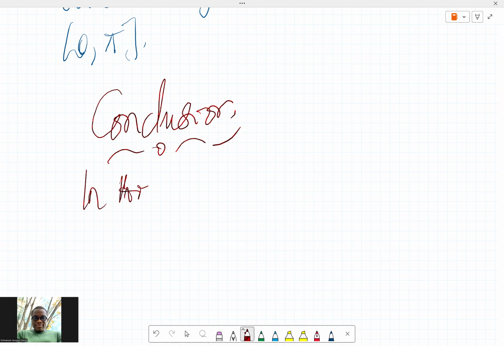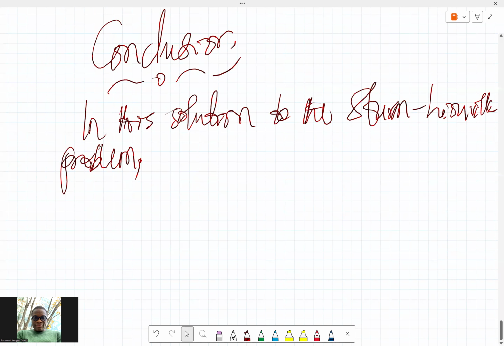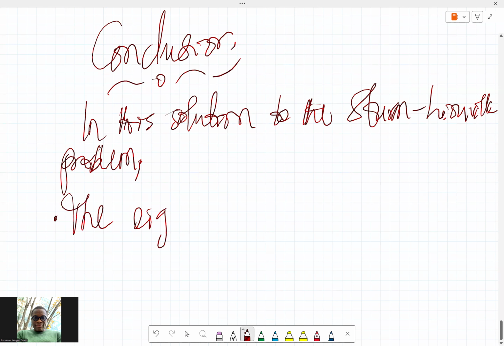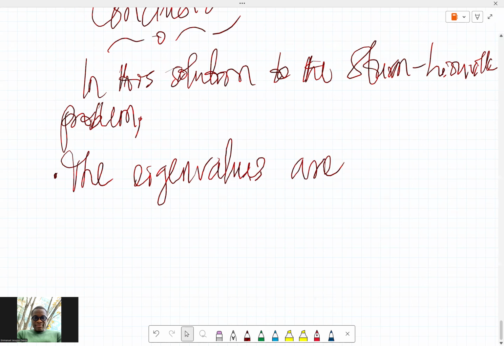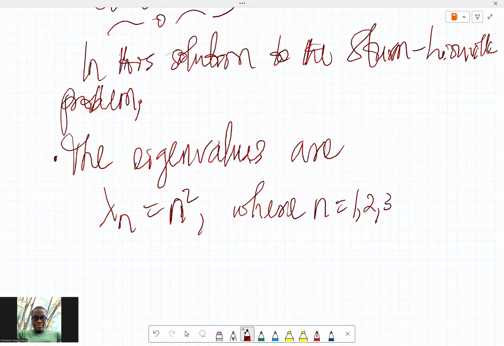In this solution to the Sturm-Liouville problem, first point, the eigenvalues are lambda_n equals n squared, where n is equal to 1, 2, 3, and so on and so forth.